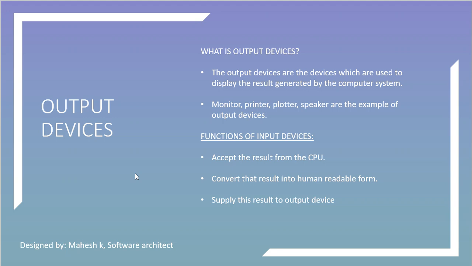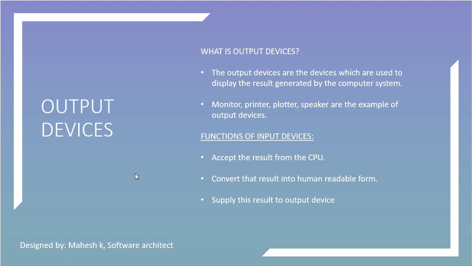So the functions of output devices are more important. Accept the result from the CPU. The main activity is that whenever the CPU does the processing on input, it passes the result to the output device. Convert the result into human readable format.